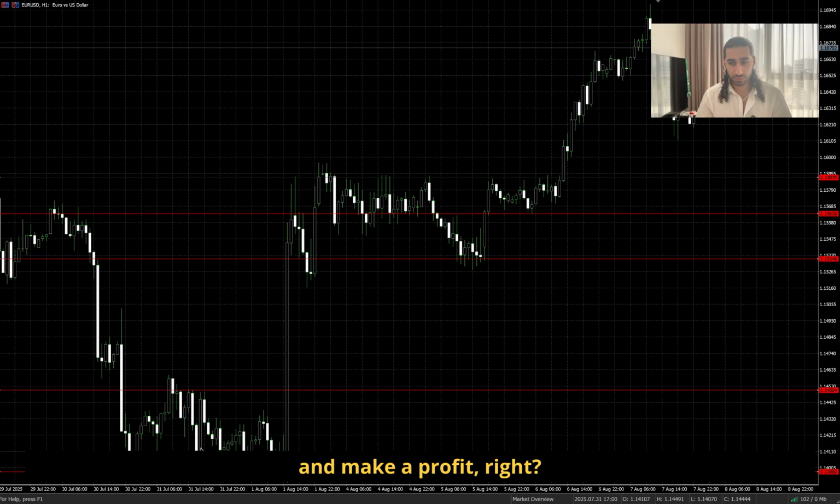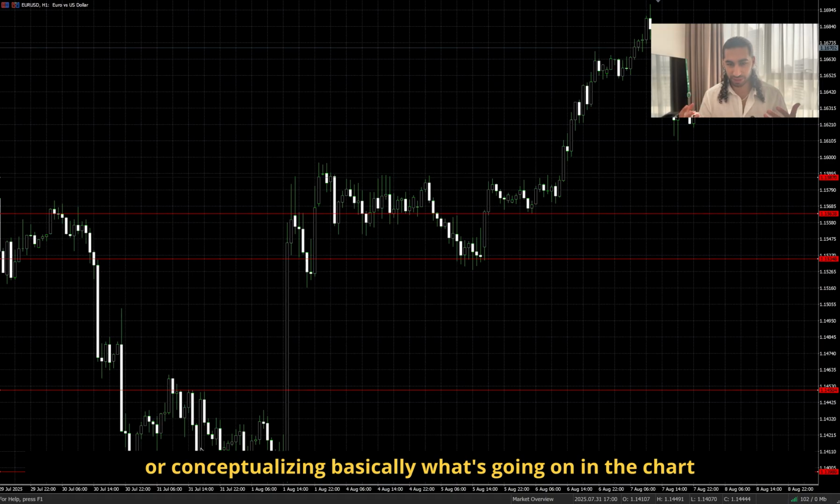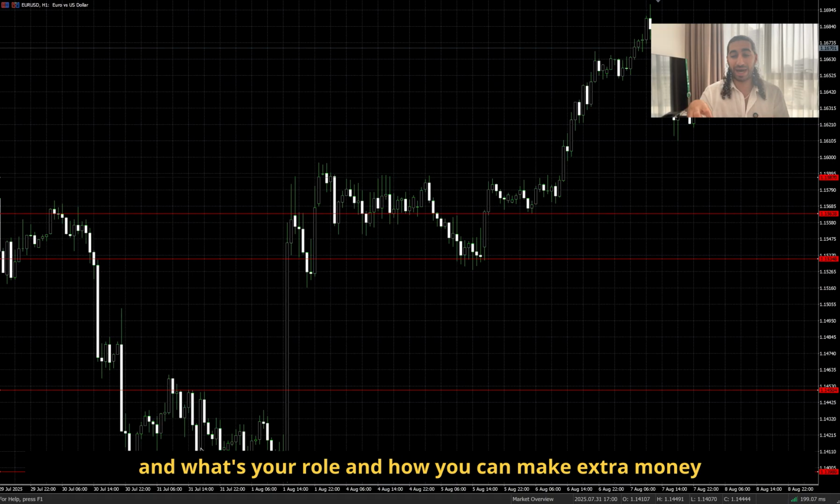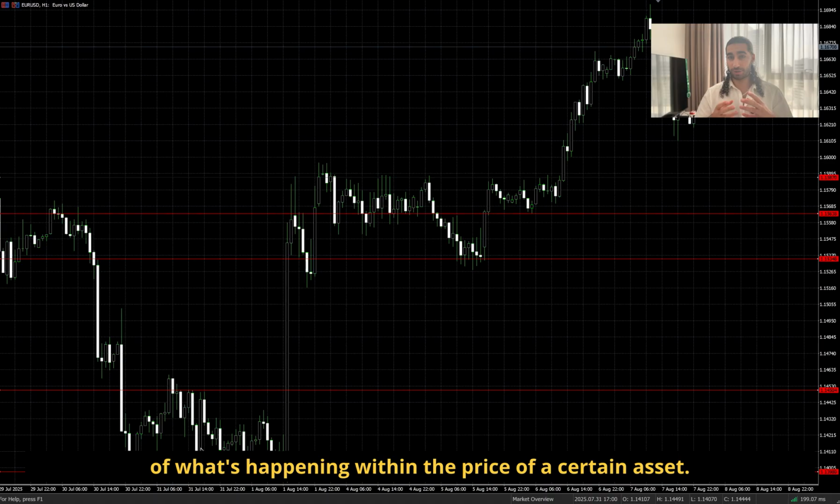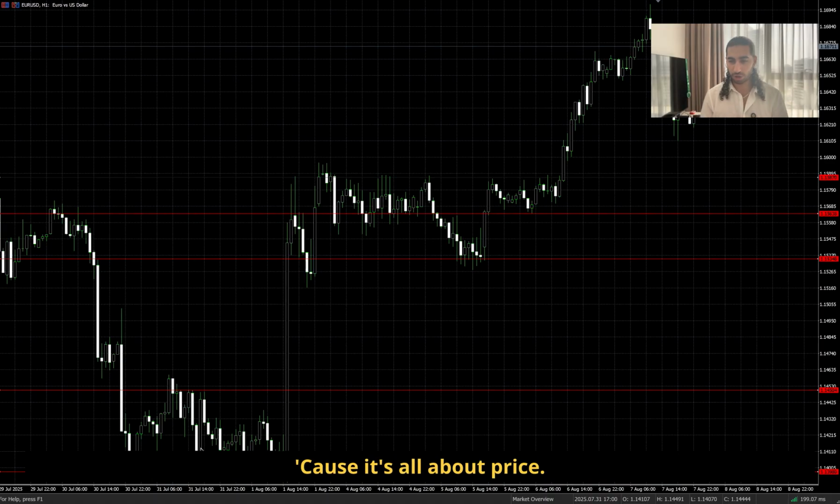So now that you understand these things and you took notes, I hope that you took notes, you'll be able to start conceptualizing what's going on in the chart, what your role is, and how you can make extra money off what's happening within the price of a certain asset, because it's all about price.